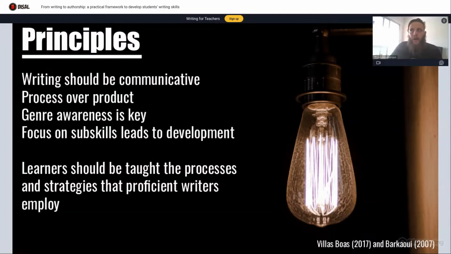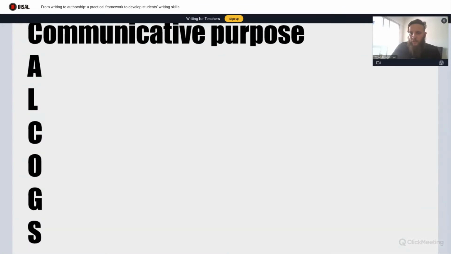For example, if I ask my students to write a paragraph about pandas, that's not very communicative. There is no communicative purpose, right? What is it that the students are communicating with this text?